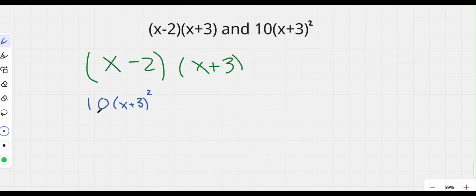Let's see the prime factorization of that. 10 would be 2 and 5. And then the prime factorization of x plus 3 to the second power would be written as x plus 3 times x plus 3.